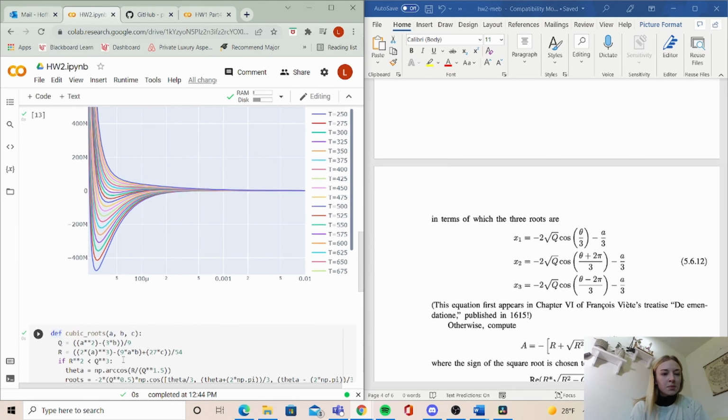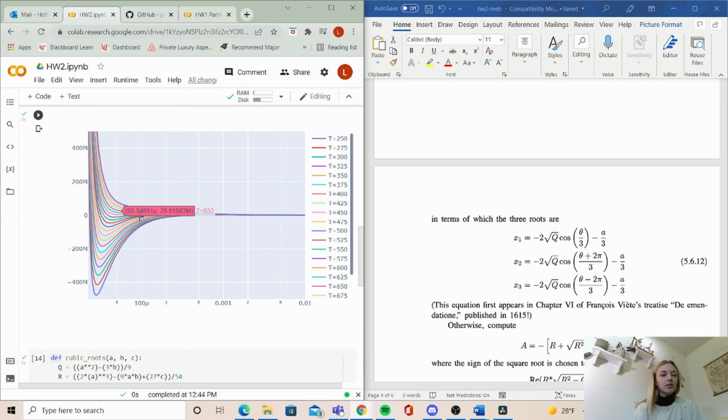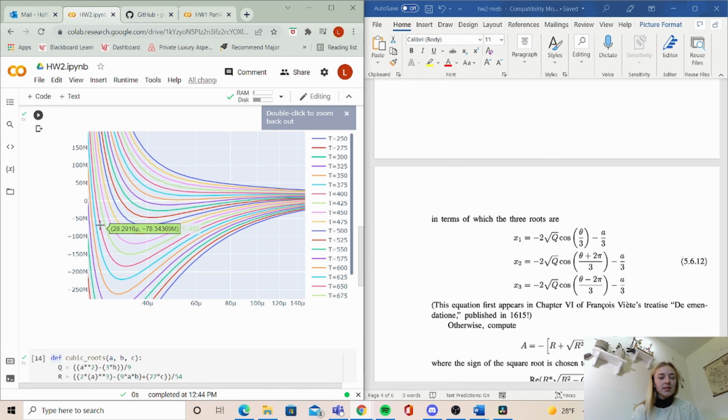So we can explain this by looking up at our graph that we made in the last video. That first volume that we got should fall along this side. So if we zoom in, we can see if we look at a straight line along our curves, let's look at this pink one, for example.